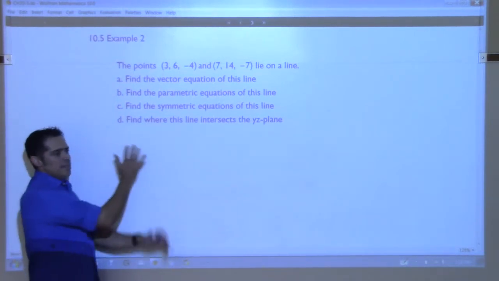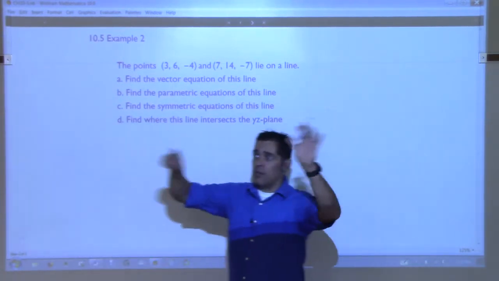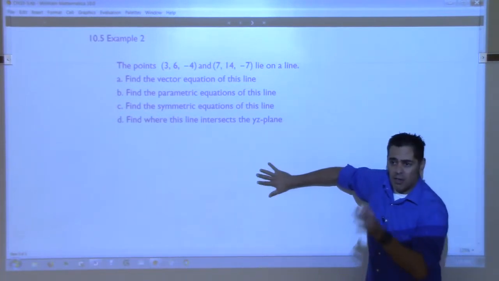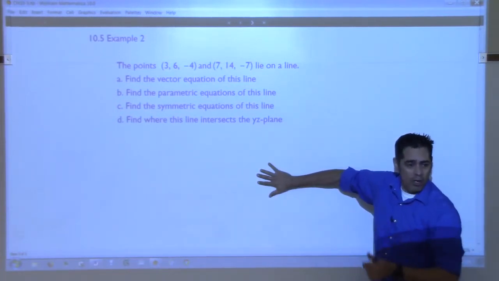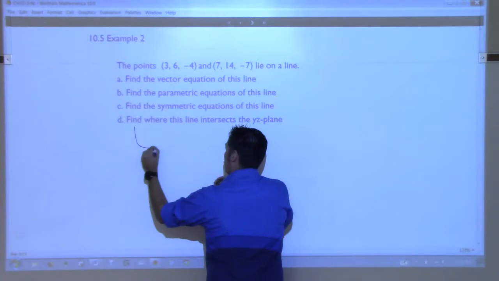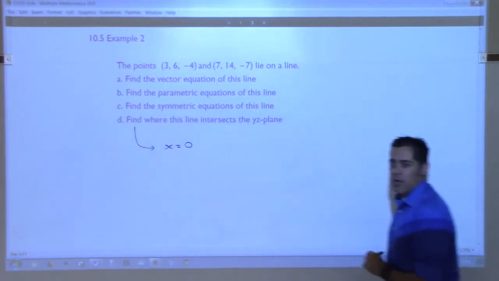The YZ plane is this wall, right? And we want to know where that line that was sitting in three-dimensional space hits this wall. Well, if you're on this wall, your x-coordinate has to be 0. Does everyone agree with that? So for part D, this means that x must be 0 if you're on the YZ plane.